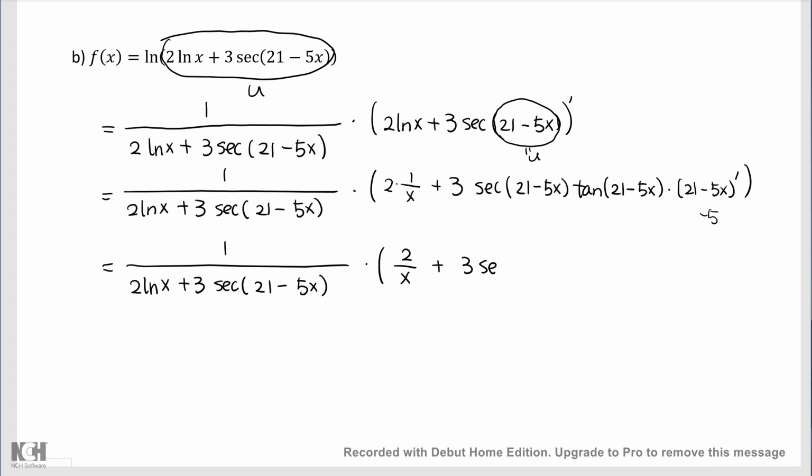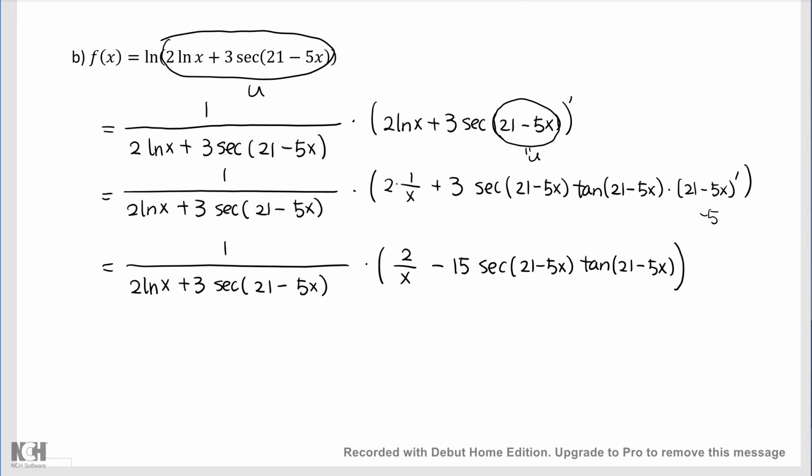So you can combine the minus 5 and the 3 together. That will give us minus 15. And then we have secant of 21 minus 5x, tangent of 21 minus 5x, and then close the parentheses. So make sure you don't forget your parentheses, okay?